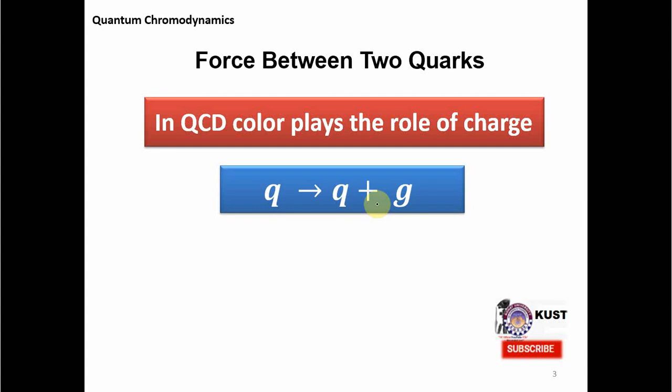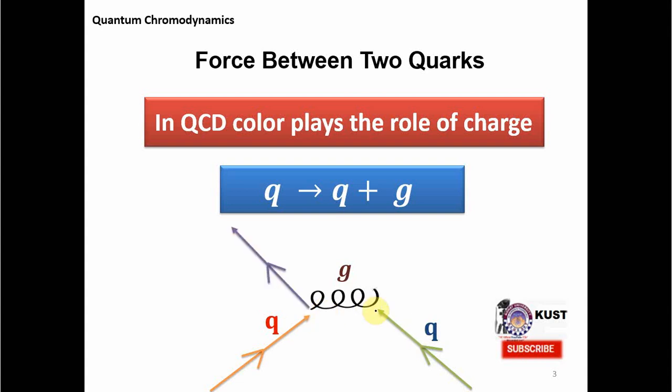Whenever there are two quarks interacting with each other, quark 1 and quark 2 come and exchange some kind of gluon between them. For example, this quark has emitted or absorbed a gluon, and this quark has emitted or absorbed a gluon, and then two other quarks are emitted.